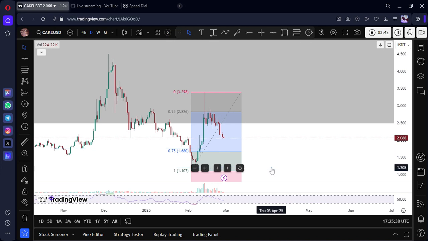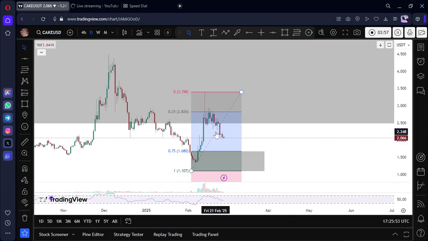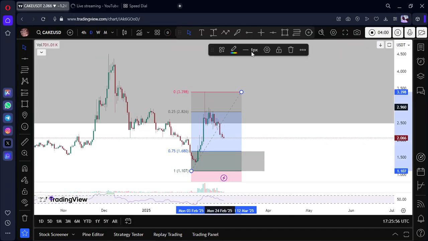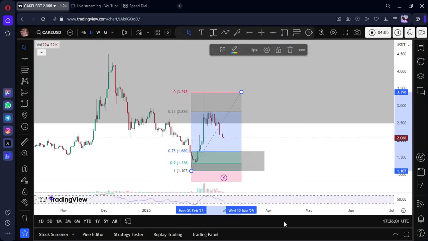Okay, so to get my perfect entry for CAKEUSDT, I'm going to come to this 0.75 zone. Then I will map out my areas. Then I will add another to this, the 0.90 zone.